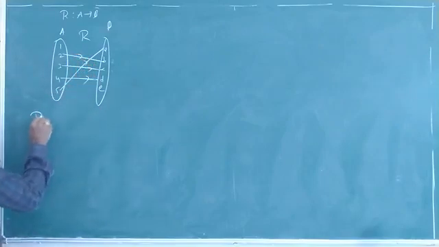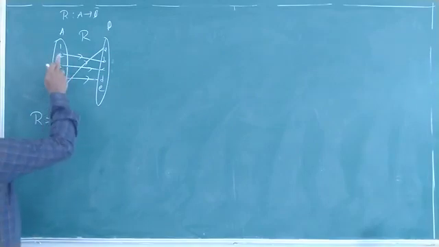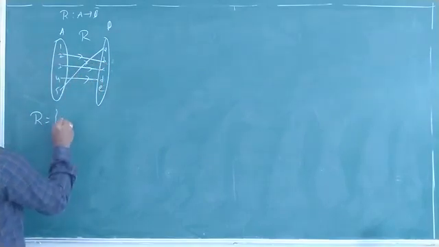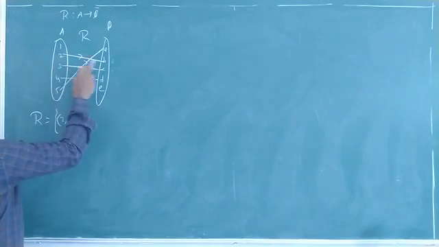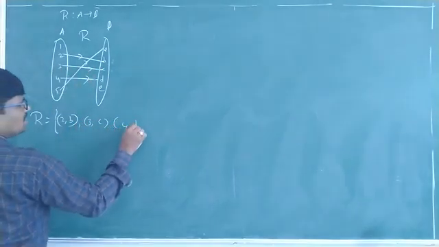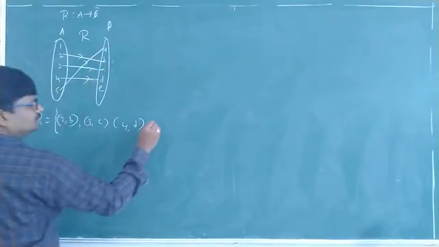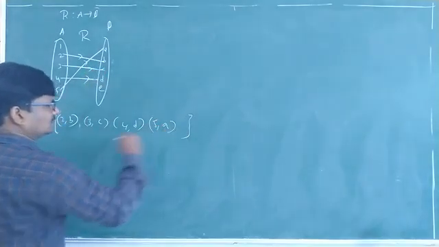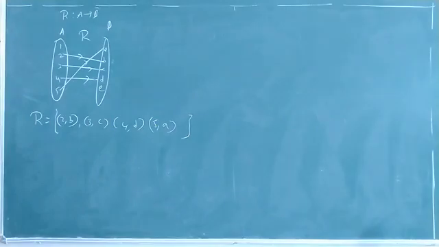So what is the roster form here? It is (2, B), (3, C), (4, D) and (5, A). It is the roster form. And what is the domain of this relation?